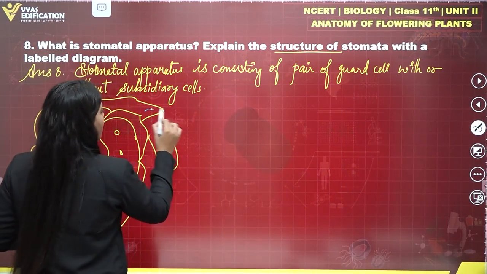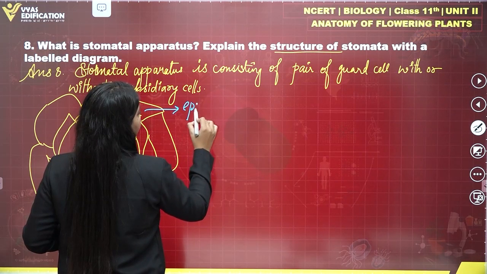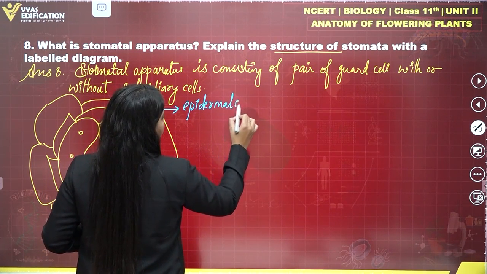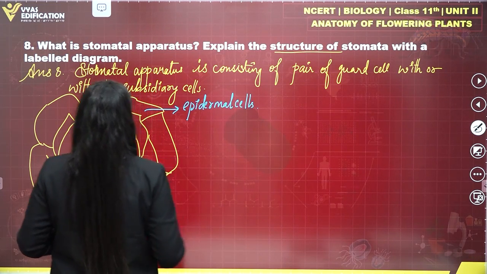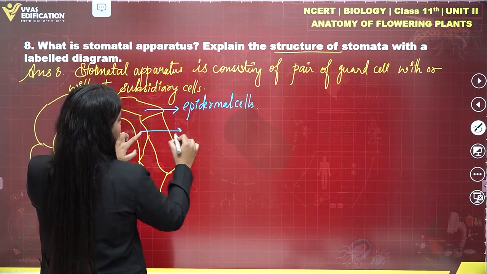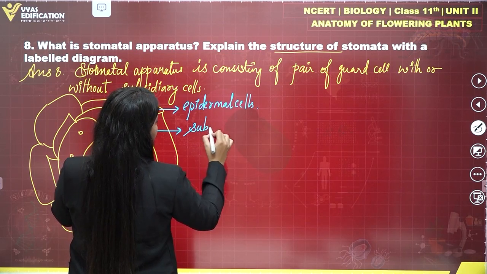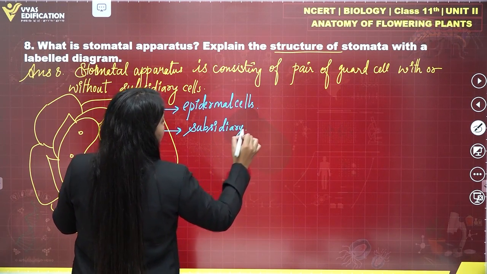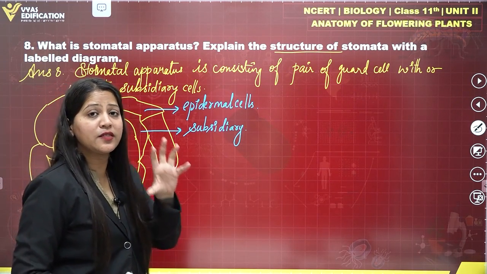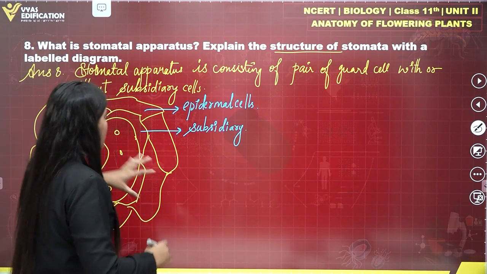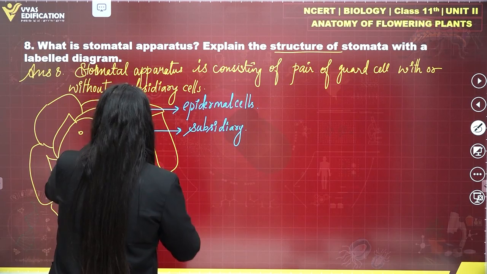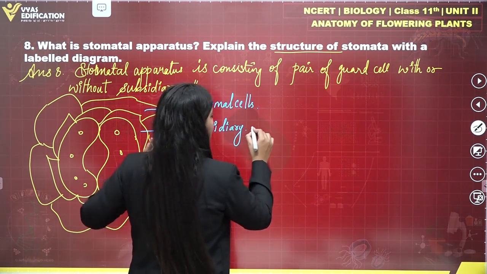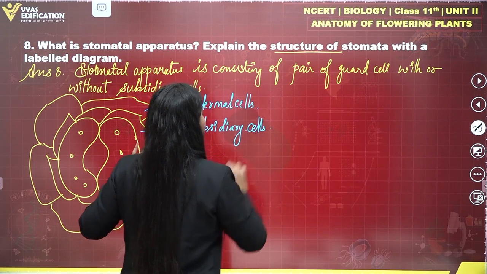So these are epidermal cells, right? Second one is subsidiary cells. Subsidiary cells are the cells which are surrounding guard cells, right? So the cells which are surrounding guard cells are known as subsidiary cells. So these are subsidiary cells.